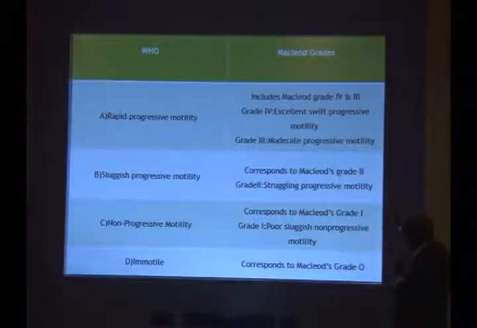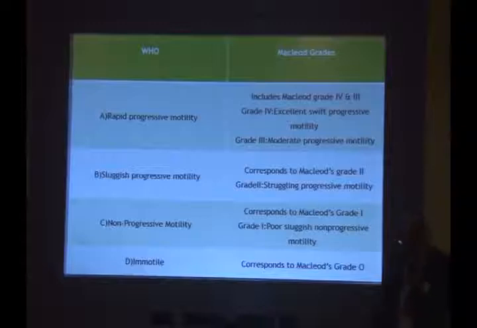Now here MacLeod earlier had more than 4 grades. So MacLeod grade 0 corresponded to non-motile, non-progressive corresponded to grade 1, sluggish progressive to grade 2, and MacLeod 3 and 4 were taking care of rapid progressive. You understood? Now it has been simplified further.